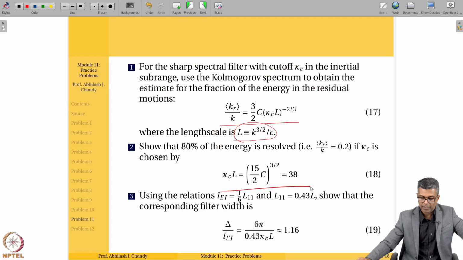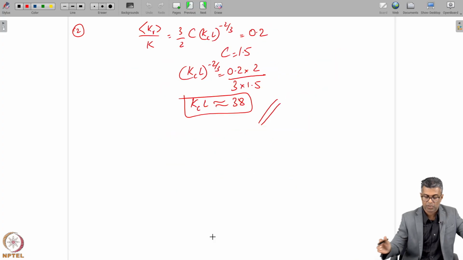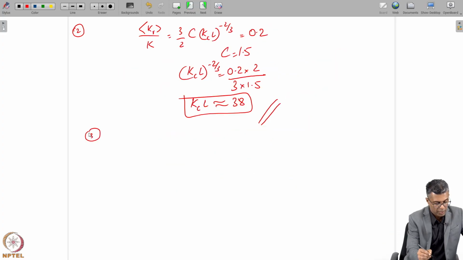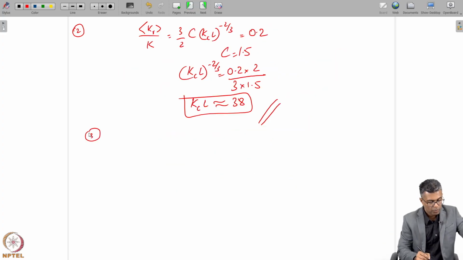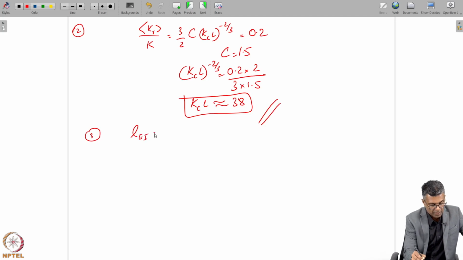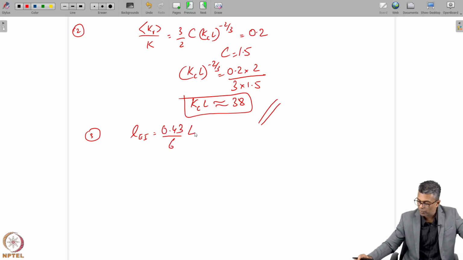And my third part, using the relations L_EI is equal to 1/6 L11 and L11 is equal to 0.43 L, show that the corresponding filter width is this much. Let's see how to work that out. So here, if L_EI is equal to 0.43 over 6 L, how do I get that?